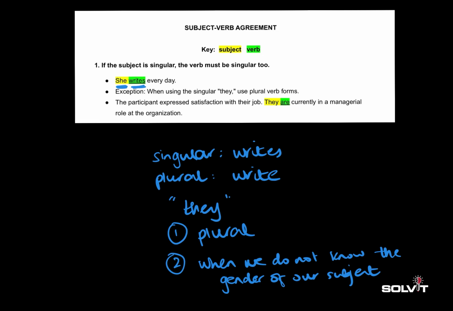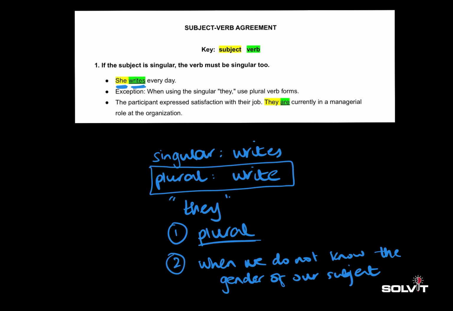So let's talk about the first one first. When our subject is plural, for example, if we're talking about a group of people, we're going to say they write every day. So did you notice how I used the word write? I used the plural form because my they was also plural.